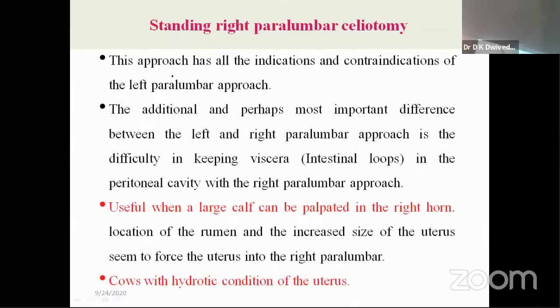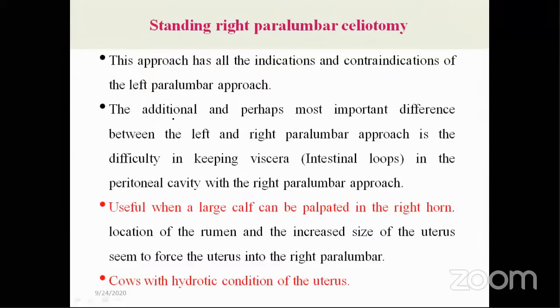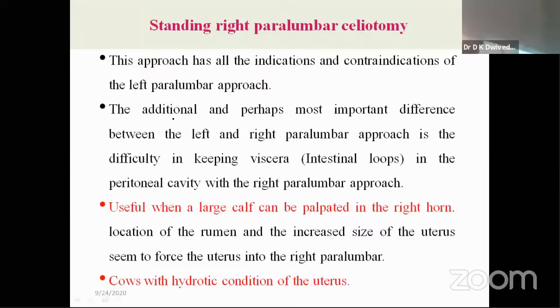Now, the next approach is the standing right paralumbar ciliotomy approach, and this approach has all the indications and contraindications of the left paralumbar approach. The only difference is that if you follow this right paralumbar approach, there may be evisceration of the intestinal loops, and that may lead to problems in exteriorization of the gravid uterus from the abdominal incision.